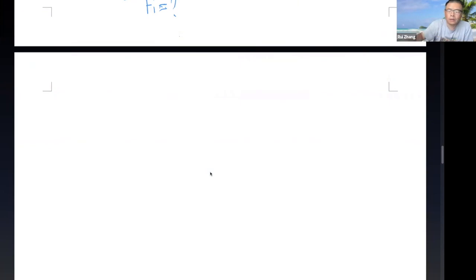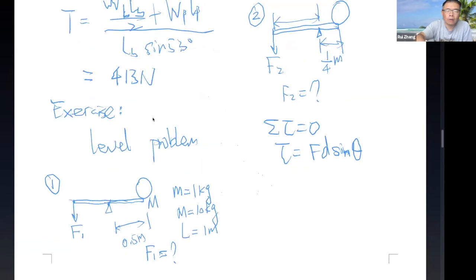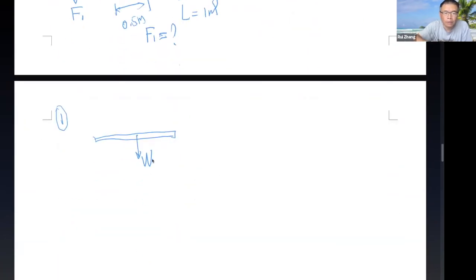So let's do the first one. If you do a free body diagram here for the lever, you have gravity going down. It's called the weight of the lever, W. Okay, so maybe it's mg.